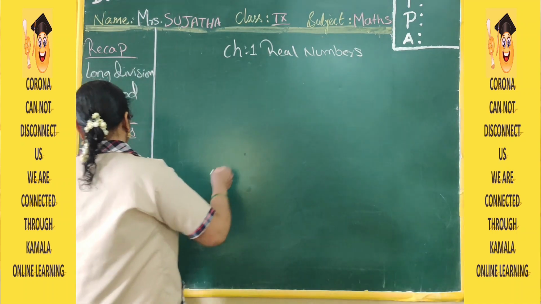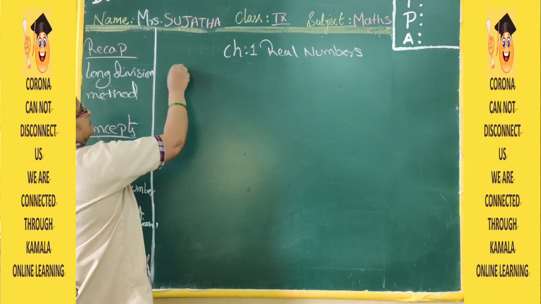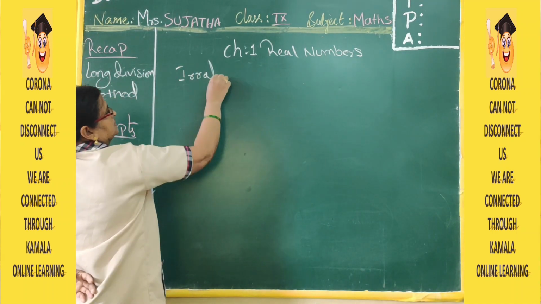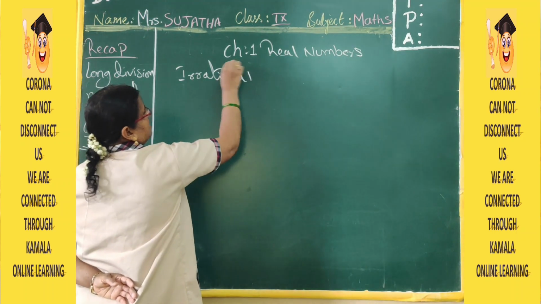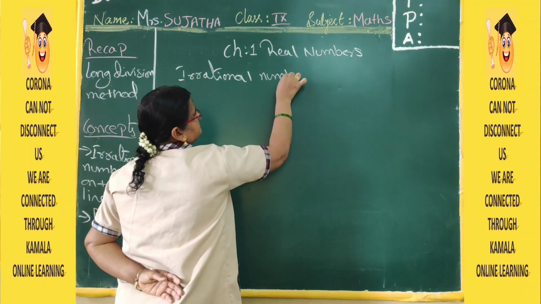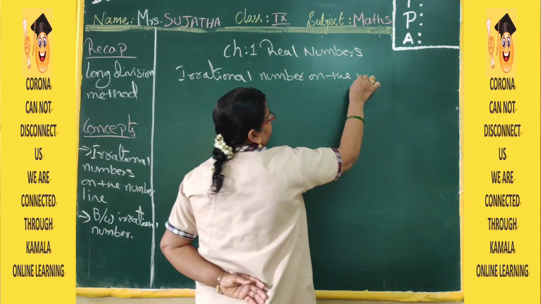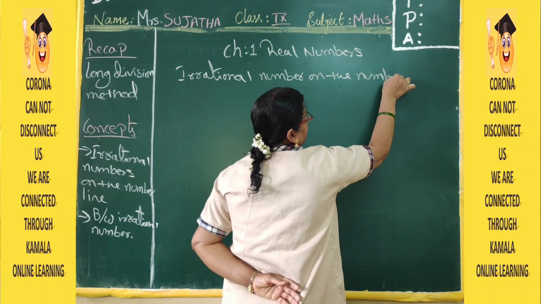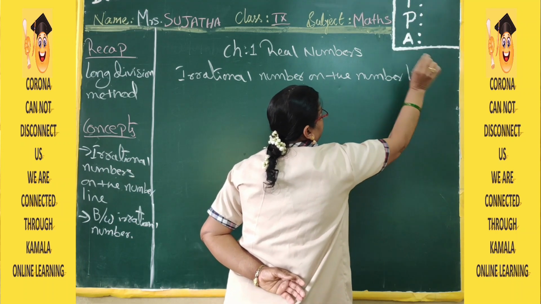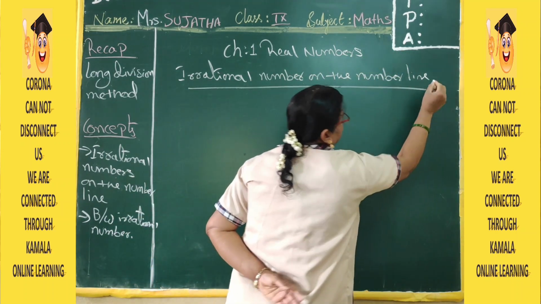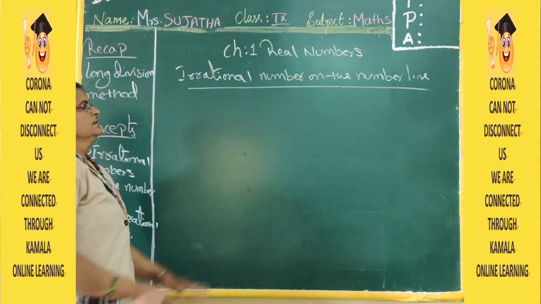Irrational numbers on the number line. So how can we represent them?